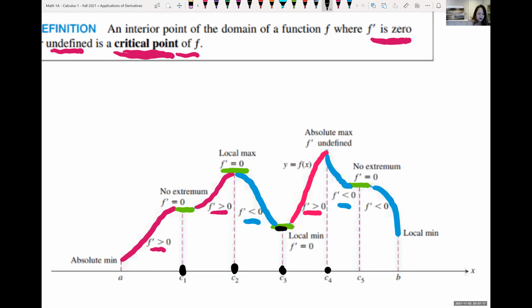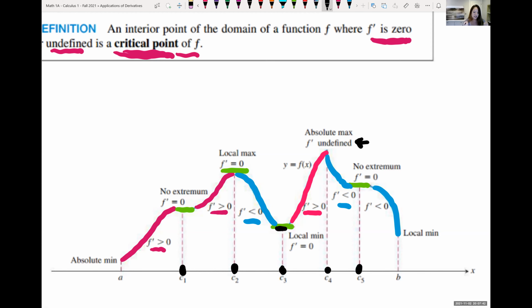C sub 4, again, that's where I was saying that the derivative is undefined there because it's a sharp corner. The derivative on the left and the right of that point would give us separate values. C sub 5, notice our derivative is 0 though, but we have a function which is decreasing and then decreasing again. So that's no max or min there.